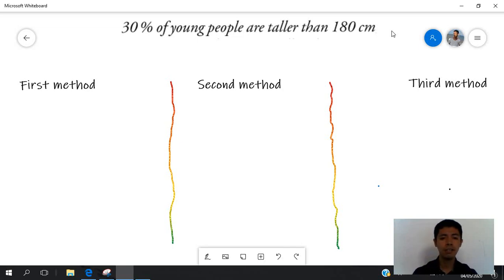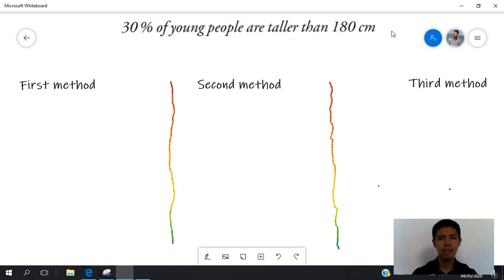So if you have 200 young people, you will have 60 who are taller than 180. If you have 300 young people, then you will have 90 that are taller than 180.